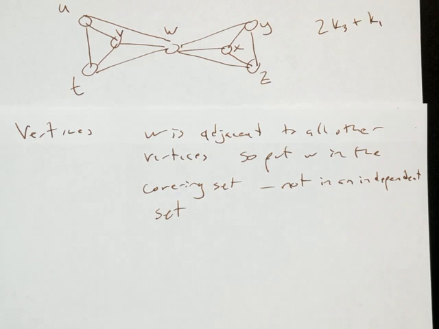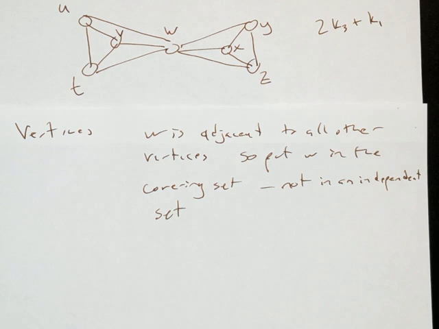Wait a minute. What other thing is special about W? It's a cut vertex. A vertex cut is a set of vertices, but it's a cut vertex. I can disconnect with one. Oh, okay, well, wait a minute.